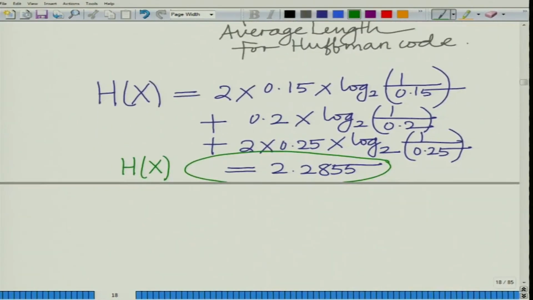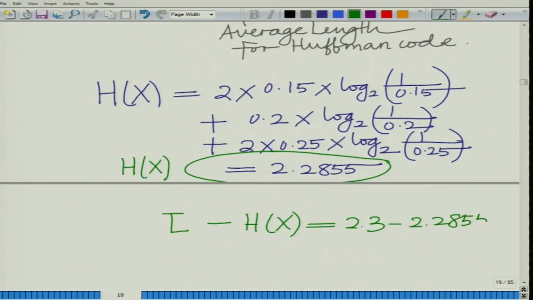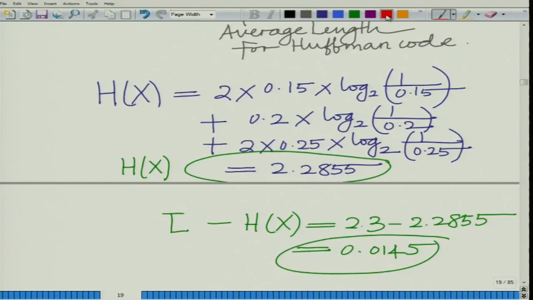You can see the Huffman code is tantalizingly close to this. If you look at L bar minus H(X), that is equal to 2.3 minus 2.2855, which is equal to 0.0145 bits per symbol.